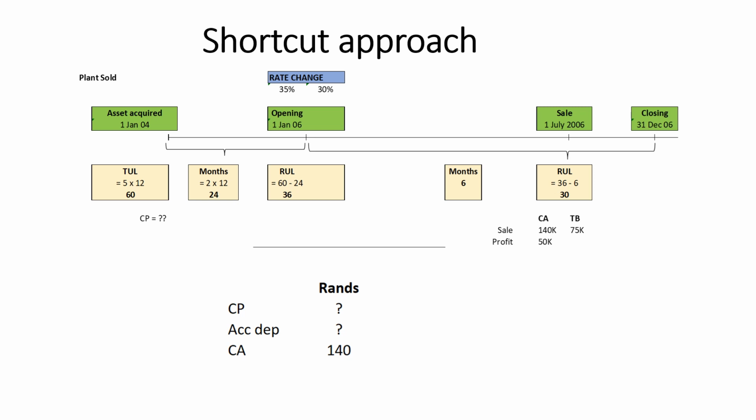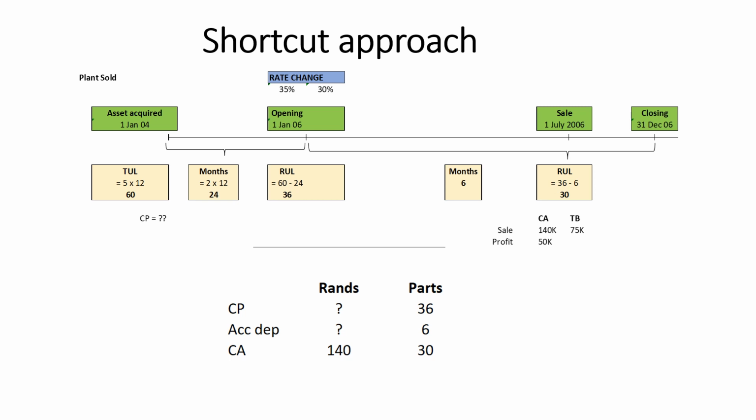How many parts represent the accumulated depreciation? It's very important that you assign 36 parts to the cost and not 60 parts. If you assign 60 parts to the cost, that is where you will get the answer wrong.